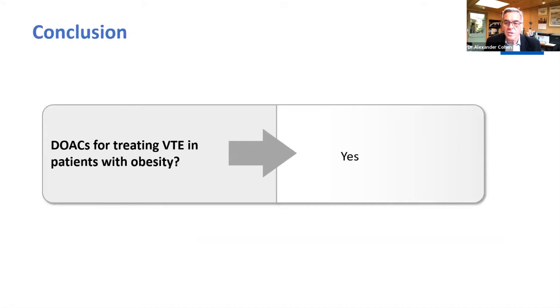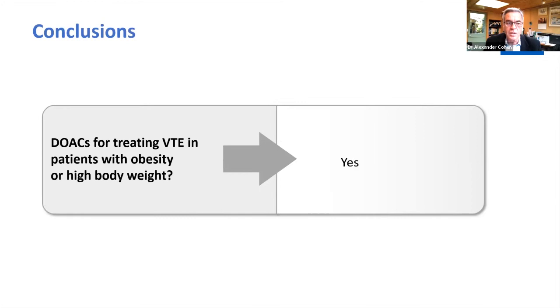So I would like to start with my conclusions, and then I'll let you relax and I'll wake you up at the end and give you my conclusions again. So DOACs for treating VTE in patients with obesity, the answer is yes. But more importantly, DOACs for treating patients with obesity and high body weight, the answer is yes too.